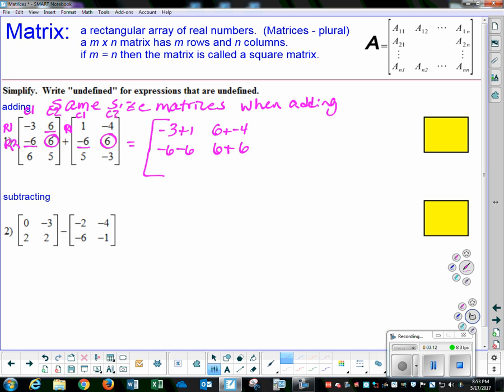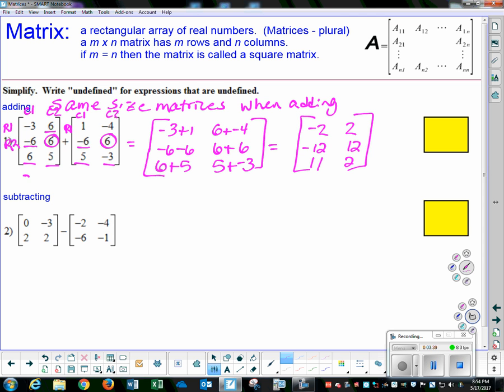I would bet that you've caught on to this, huh? 6 plus 5, and a 5 with a -3 gives us a, what, -2, -12, 12, 11, and a 2 as our final matrix, the result of adding two matrices.